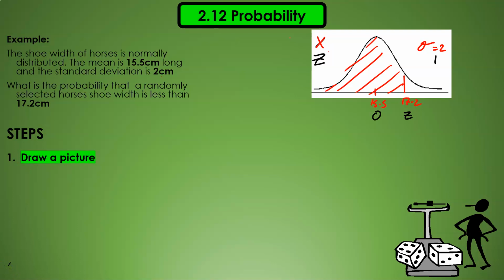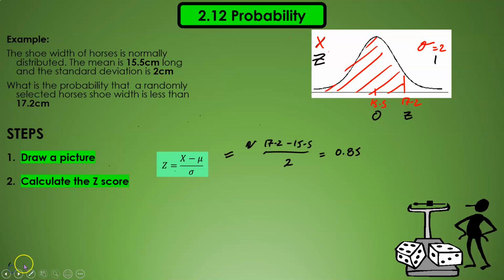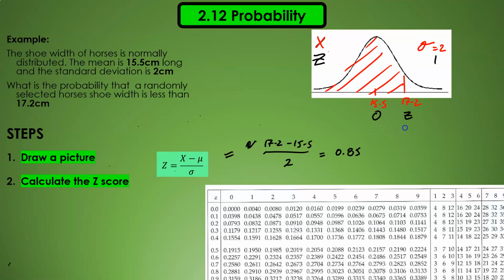Now we need to convert 17.2 into a z value, so that moves us on to step 2, which is using the formula. Doing the calculation gives us 0.85 for the z.